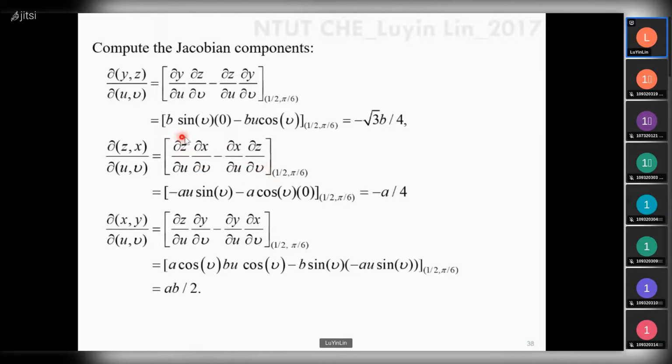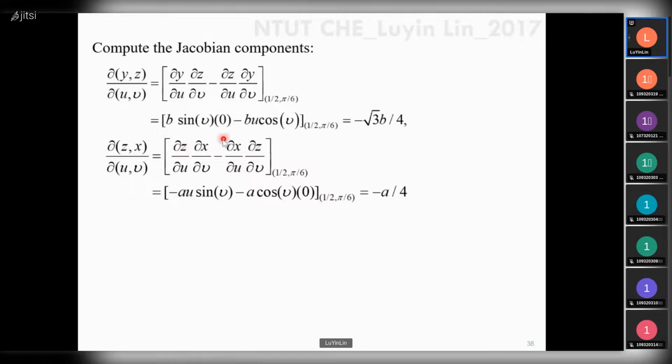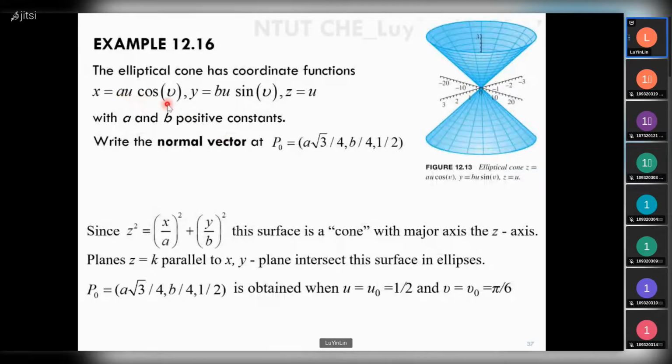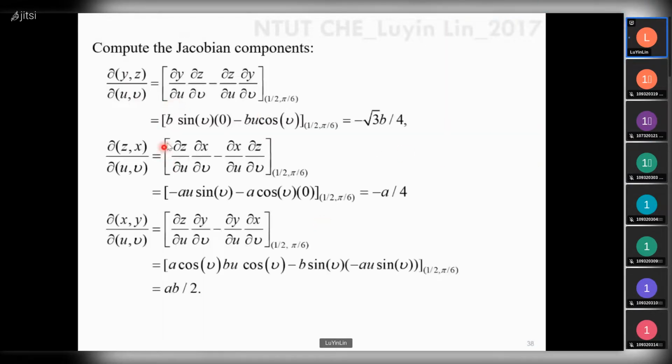Just check: z is u, x is au cosine v. So you will have this one. After you find this one, put u0, v0 inside, and you will get this one.